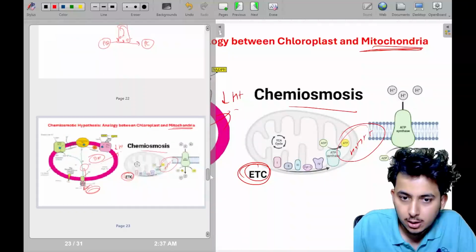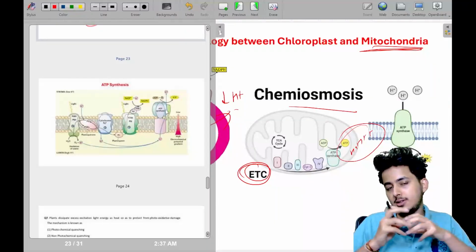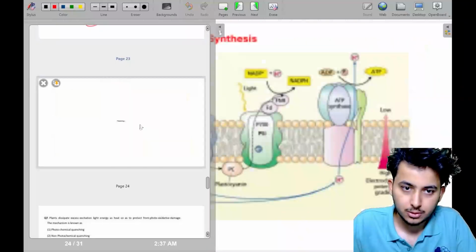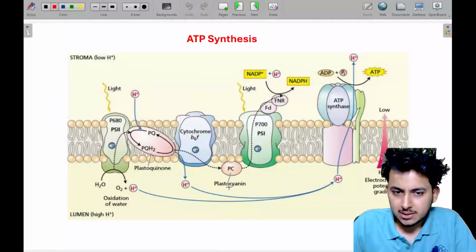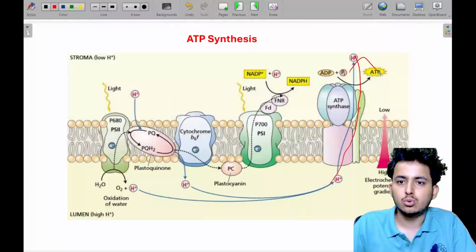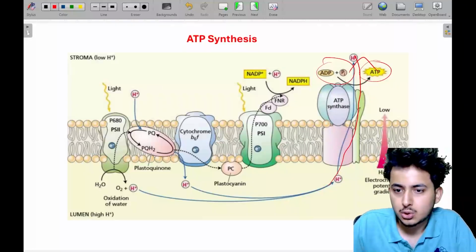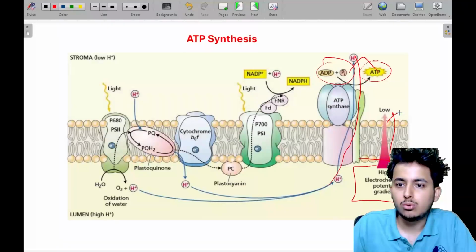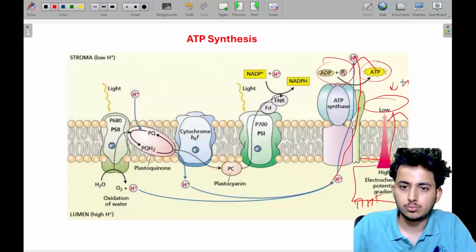That was a simple analogy you should remember. You should always study by connecting things, that way you learn better. Similar thing is being represented over here. When these protons move through the ATP synthase, you get the formation of ATP, from a high electrochemical potential gradient to a low gradient of protons, high proton to low proton.